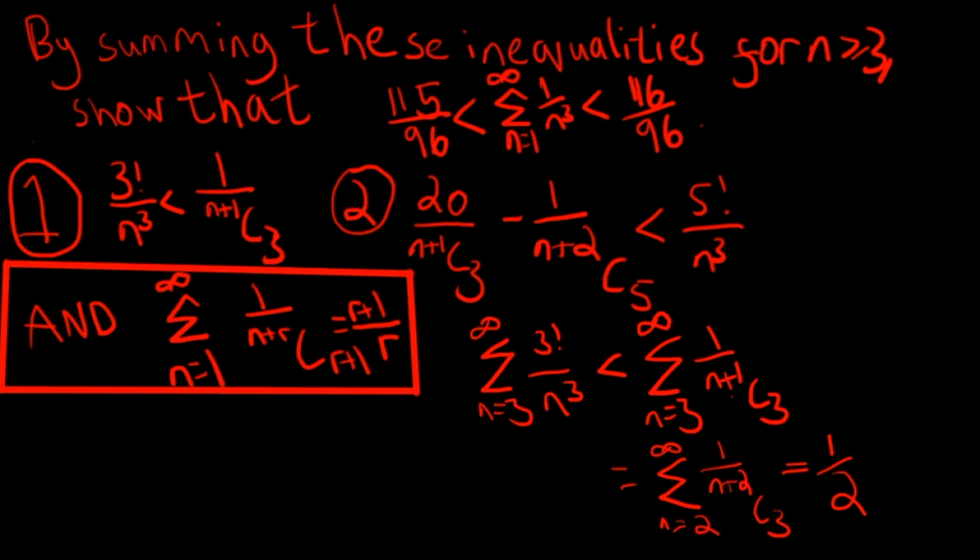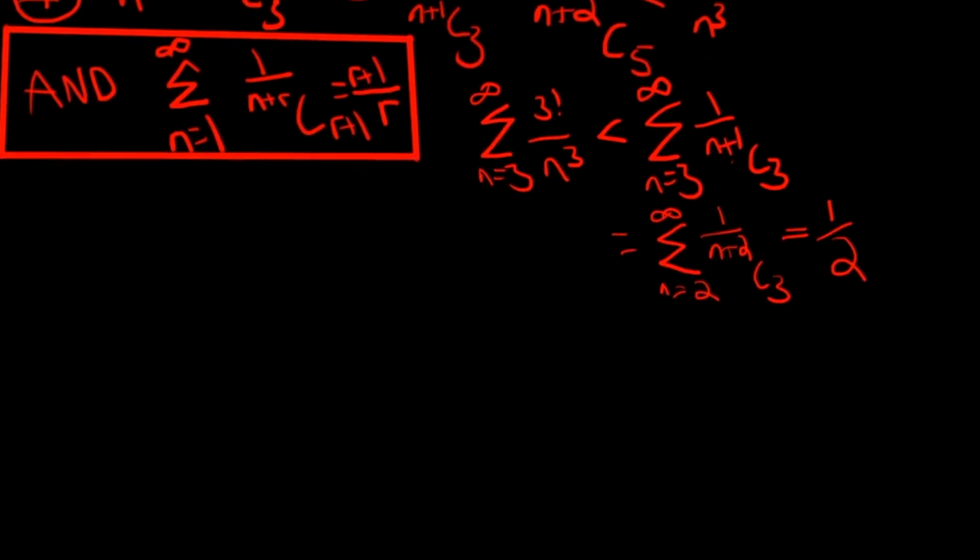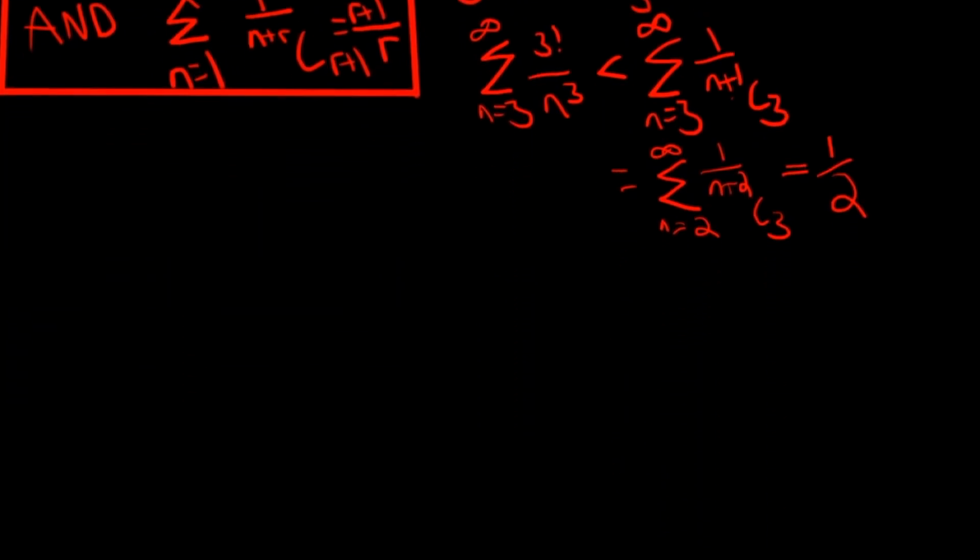So I'm just going to quickly scroll down. Okay, so we know that the sum from n equals 3 to infinity of 3 factorial over n cubed is less than a half.